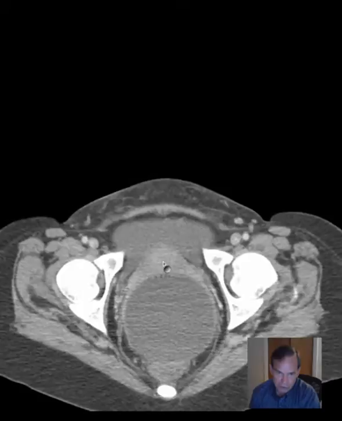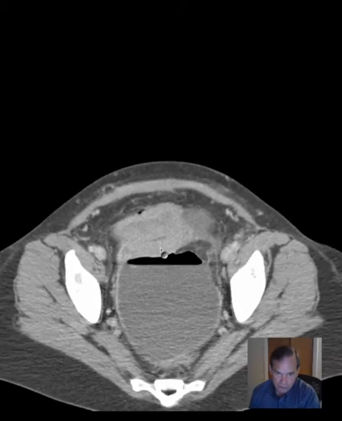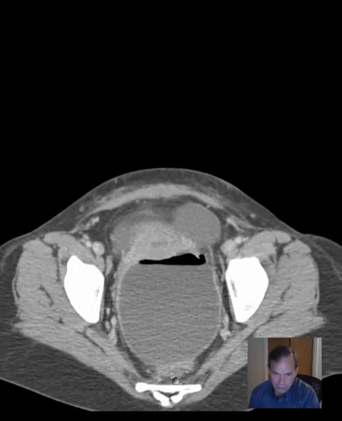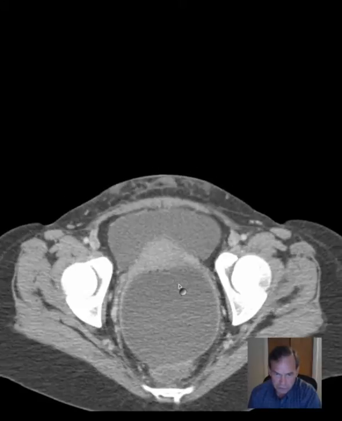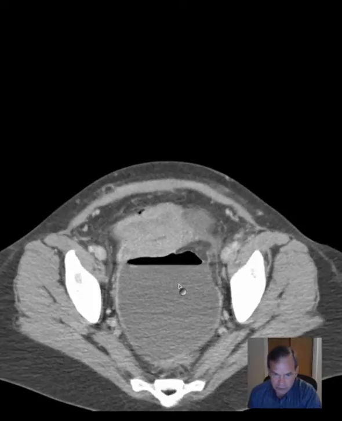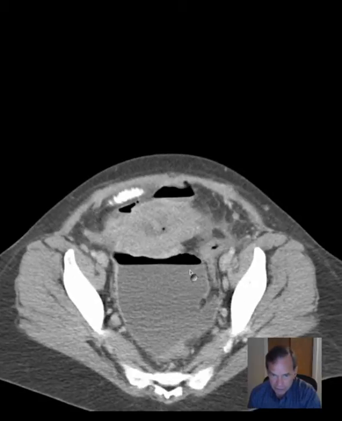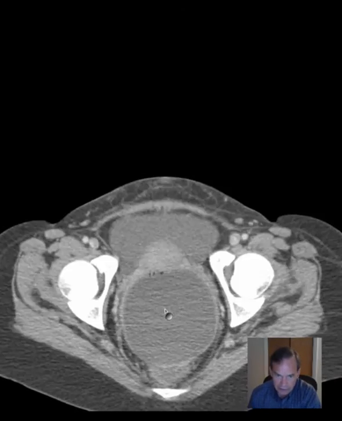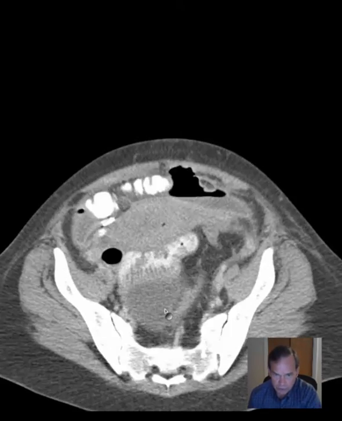Right here between the uterus, this is the uterus here, and the rectum back here, that would be a posterior cul-de-sac. So that's fluid in the posterior cul-de-sac that is suggestive of an abscess because there's an air fluid level there as well. So that all suspects an abscess cavity in the posterior cul-de-sac.